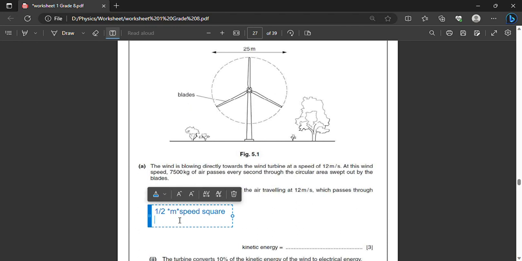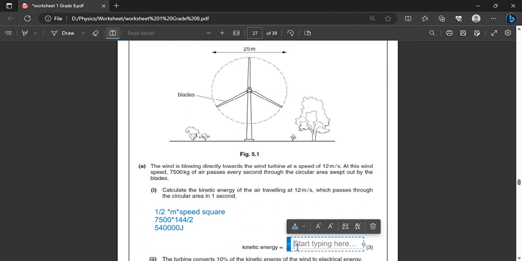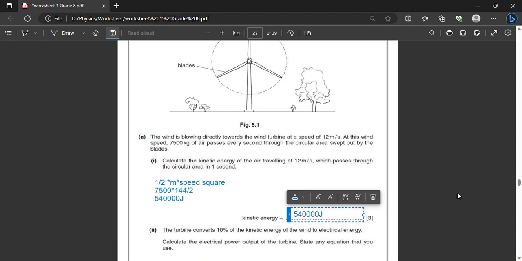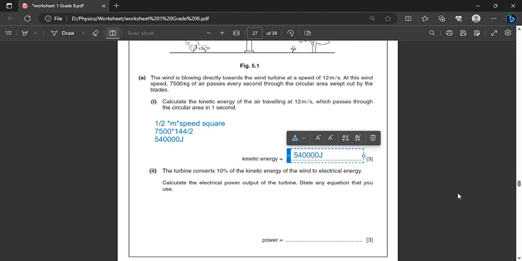When you do that, you will get 7500 times 144 the whole divided by 2, and the answer you get for this is 54 and 4 zeros. You will get this much kinetic energy in joules. So write 54 1 2 3 4 joules. This will be the answer for this.